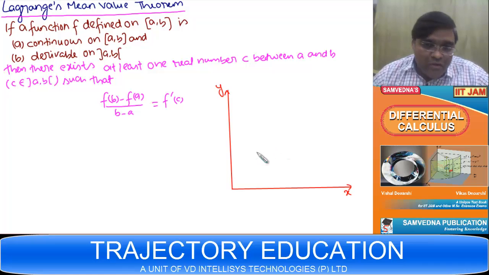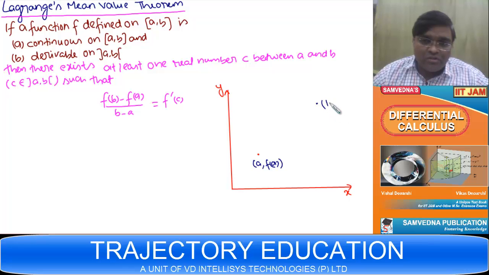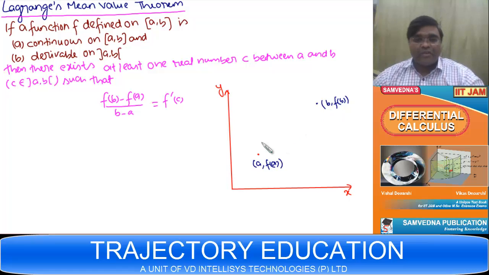So suppose you have the function. So this is a point, say A, f(a), right? And say this is B, f(b), alright. Now what is (f(b) minus f(a)) by (b minus a)?